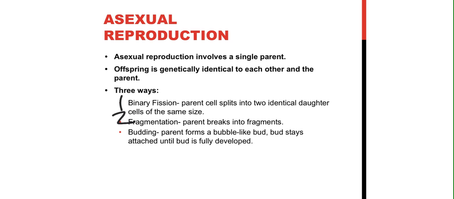A great advantage of asexual reproduction is the fact that it happens super quick. For many organisms, this is a great advantage. For example, bacteria. The reason why you get sick so quickly if somebody were to cough on you is the fact that bacteria can divide so many times per hour.